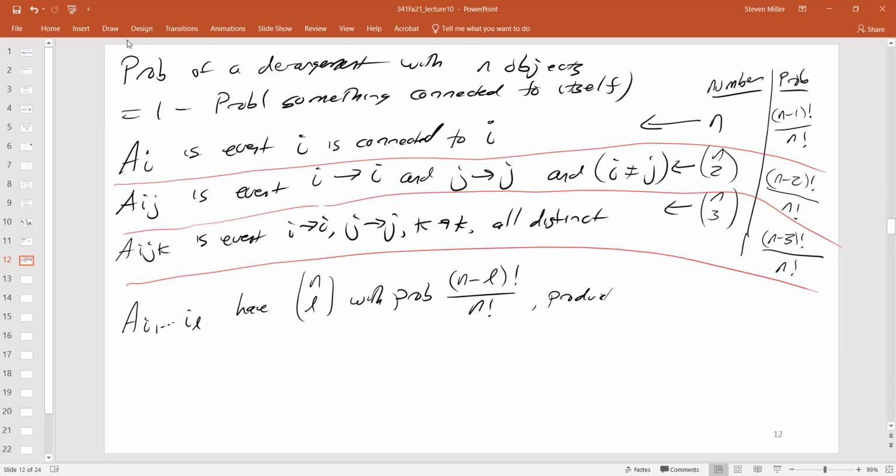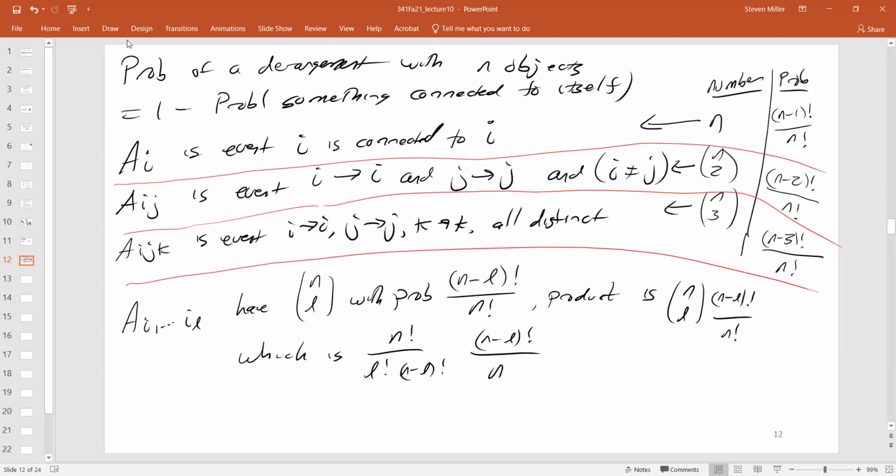So their product is n choose L times n minus L factorial over n factorial, which is just n factorial over L factorial, n minus L factorial, times n minus L factorial over n factorial. Life is good, right? The n factorials cancel, the n minus L's cancel, and this is just equal to 1 over L factorial.